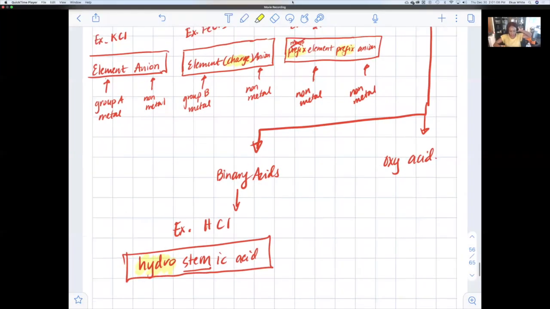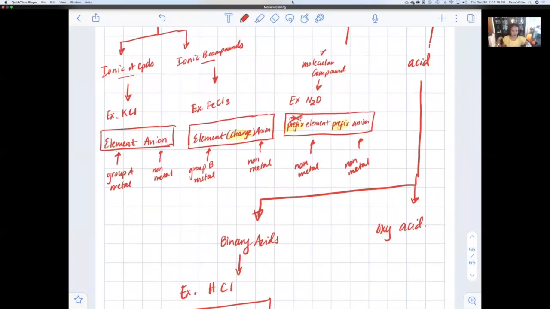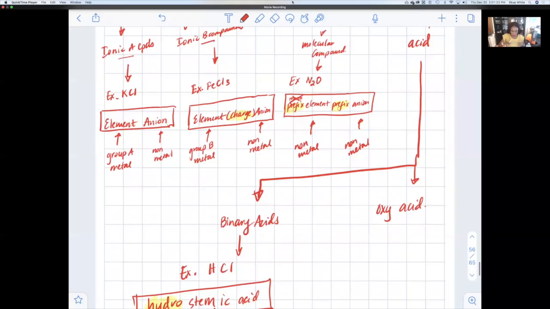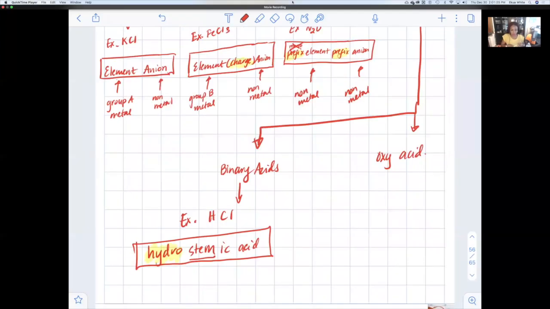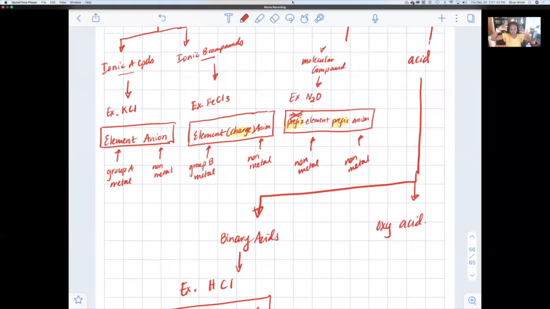So I try to highlight the key parts that you're looking for that will help you know this is the chemical you're dealing with. Ionic A compounds are very basic. They're named very basically. There's no prefix, there's no charge, there is no hydro. With ionic B compounds, you see the charge in parentheses.